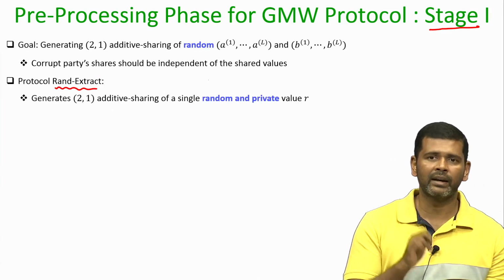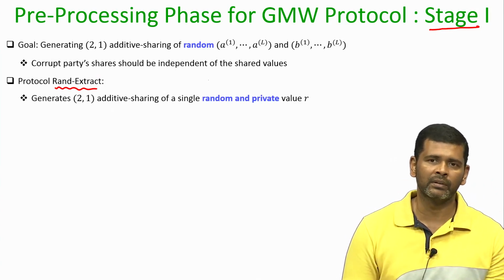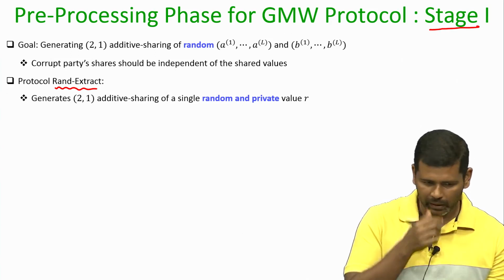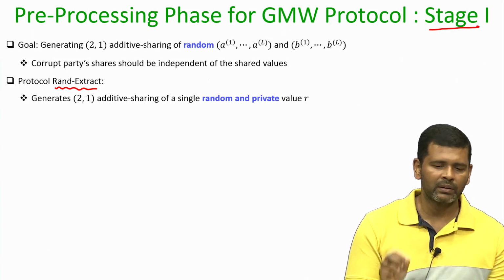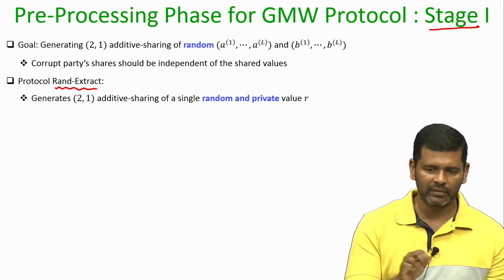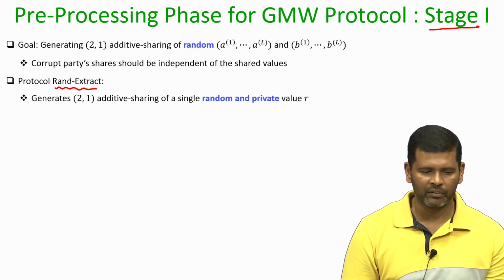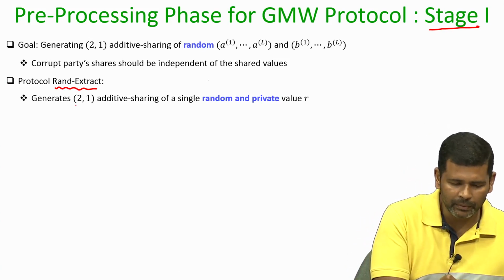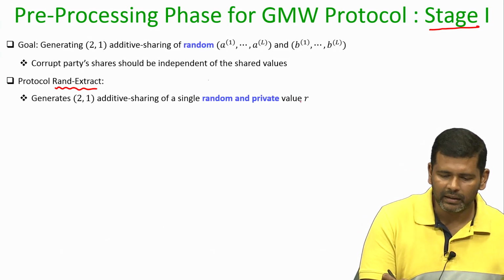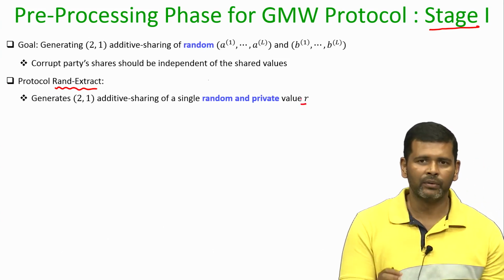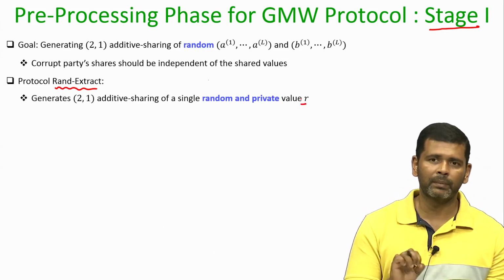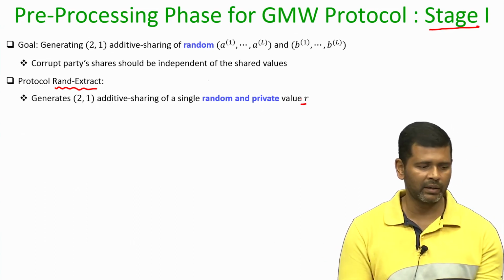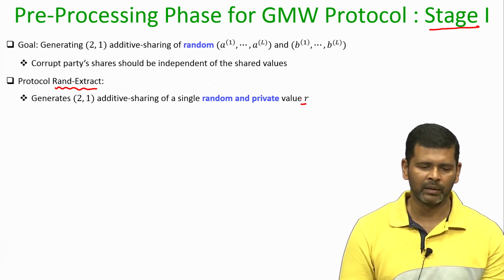We had seen a RAND extract protocol for the case of Shamir secret shared preprocessing phase. So, I have used the notation and called the protocol RAND extract for this GMW preprocessing as well. And this RAND extract protocol will help you to generate additive sharing of random values R, where none of the parties will be knowing what exactly is the bit R, but the bit R will be secret shared as per the XOR sharing among the two parties.